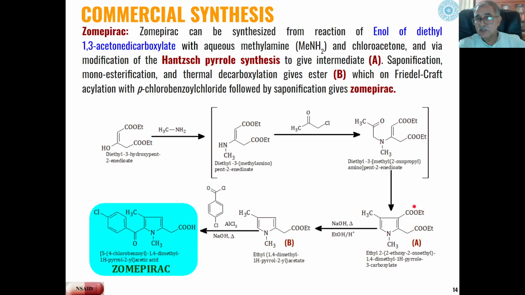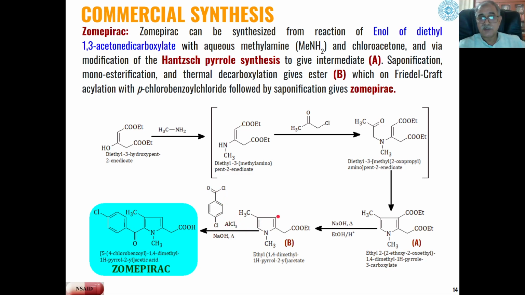Then this pyrrole diester undergoes hydrolysis and decarboxylation of one of the ester groups, and we will get this diester converted into monoester, and then this monoester undergoes Friedel-Crafts acylation in presence of 4-chlorobenzoyl chloride and anhydrous aluminum chloride.